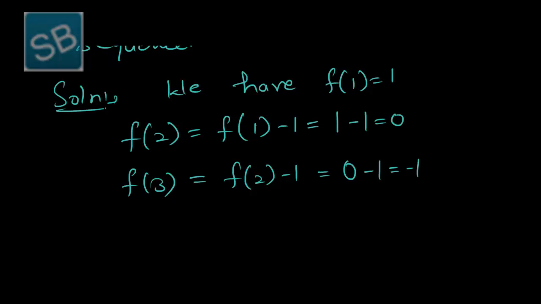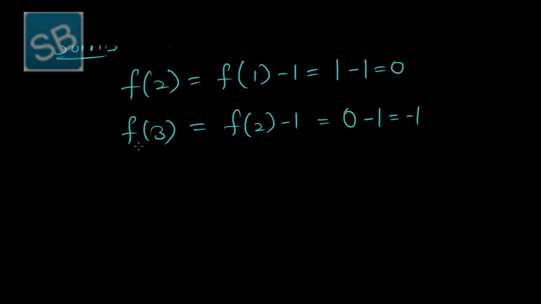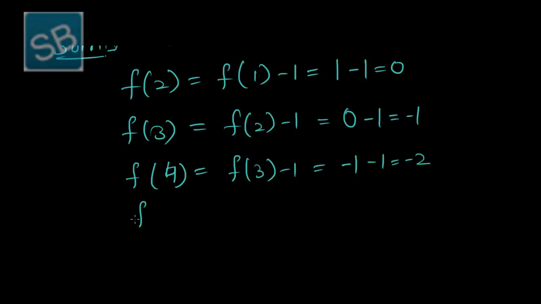Such types of sequences are called recurrence formulae. They depend upon the preceding term. So f of 4 is equal to f of 3 minus 1. That is minus 1 minus 1, that gives minus 2. Now f of 5 is f of 4 minus 1. That is minus 2 minus 1, minus 3.